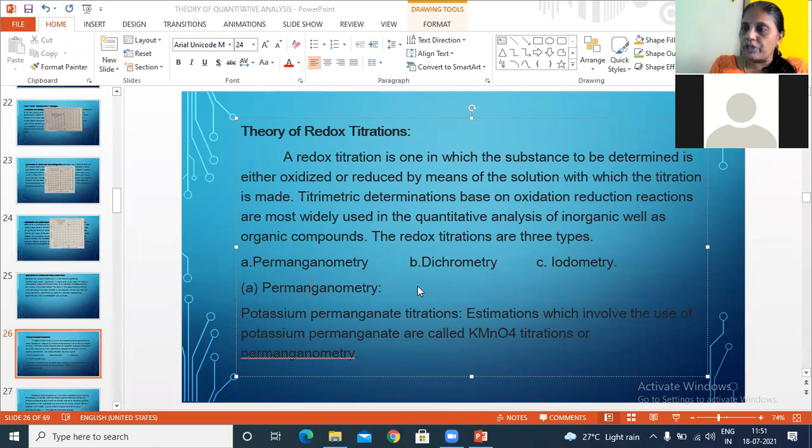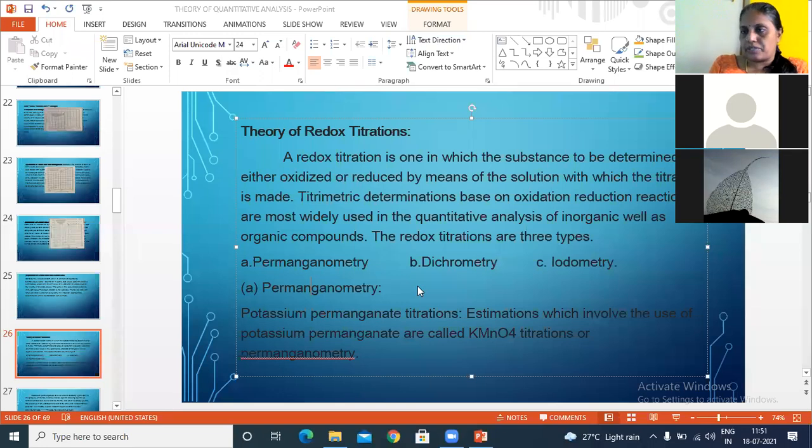If you use potassium dichromate as one substance in the estimation or determination of any substance, then it is dichrometry, or K2Cr2O7 titration. Simply, we can call it potassium dichromate titration. If we use potassium dichromate, then they are dichrometric titrations.